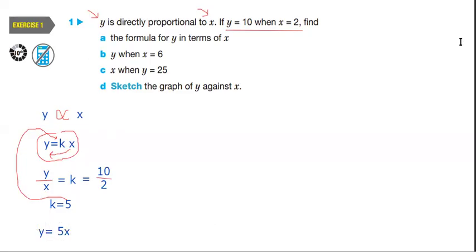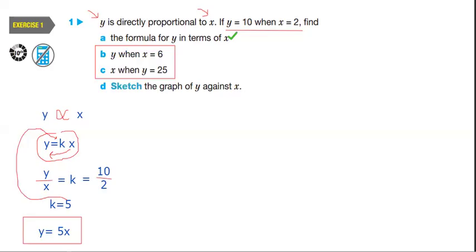And this is the formula that they asked us to find over here. So Y will equal 5X. Now, this is the first part, finding the formula. And the second part will be using the formula to answer question B and C.